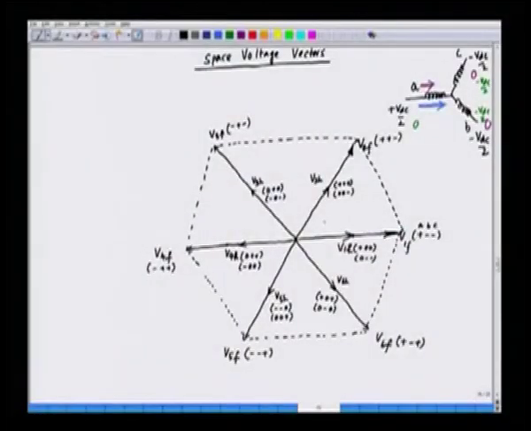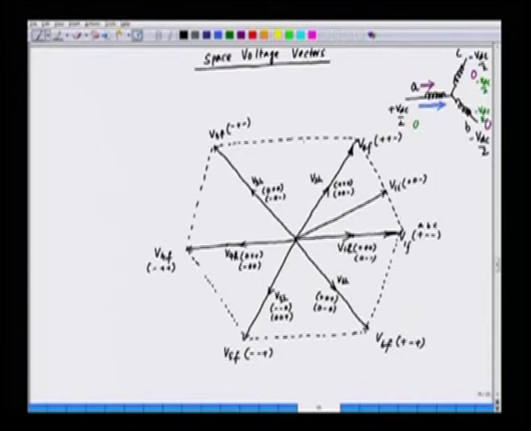So, we have the voltage vector which is in between this, and this is called V1I, the intermediate voltage vector, and this is possible by having plus 0 minus. So, it is in between V1F and V2F.